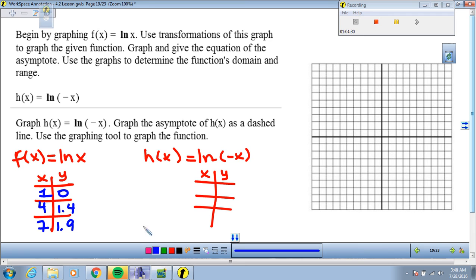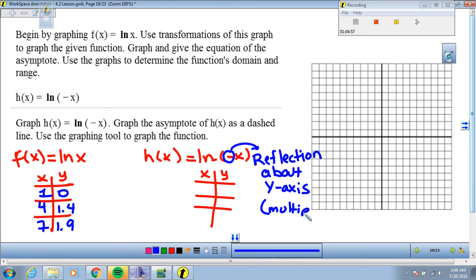Okay, so this negative here, reflection across or about the y-axis. That means multiply x values times -1. So 1 times -1, this becomes a -4, this becomes a -7, and the y's stay the same.